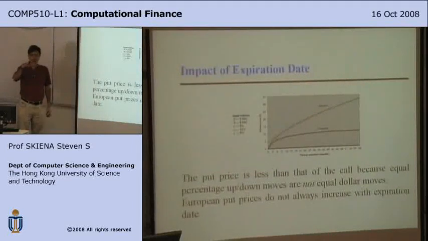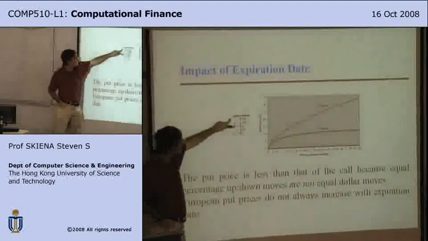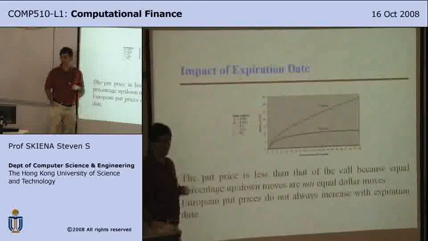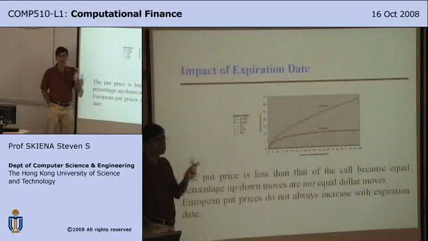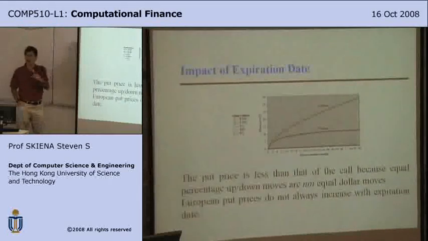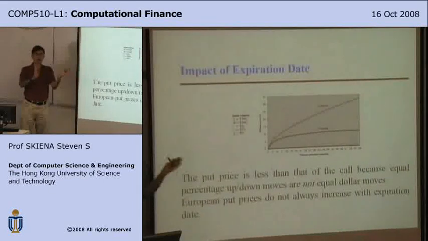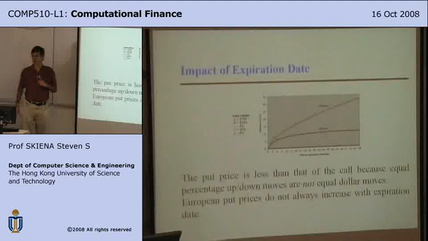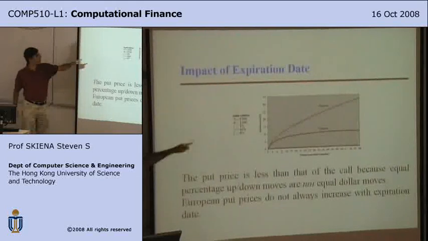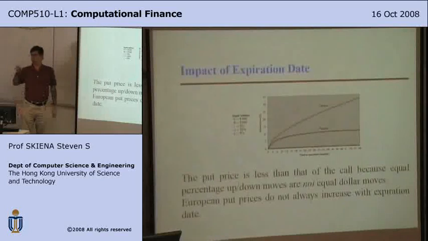The starting price is the same as the strike price, so there is some symmetry as to whether it will go up or down. There is an equal chance it's going to go down by 10% as go up by 10%. So why would the call be more expensive than the put? Anybody see that?